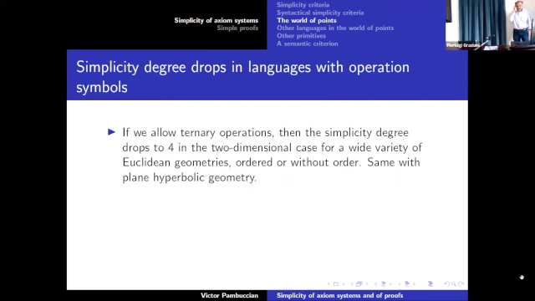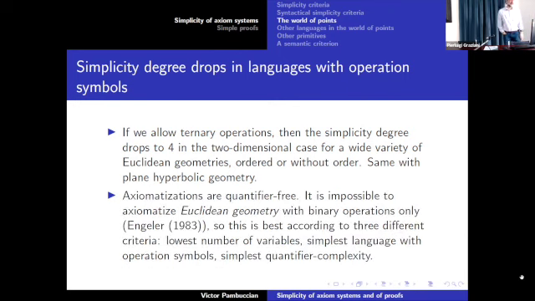Now, if you allow ternary operation in this story, then the simplicity degree drops to 4, which is this super ideal thing that you can't do any better. And this is for a wide variety of Euclidean geometries with or without order. And same is with hyperbolic geometry.